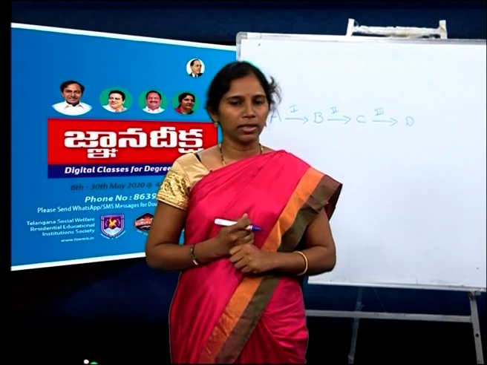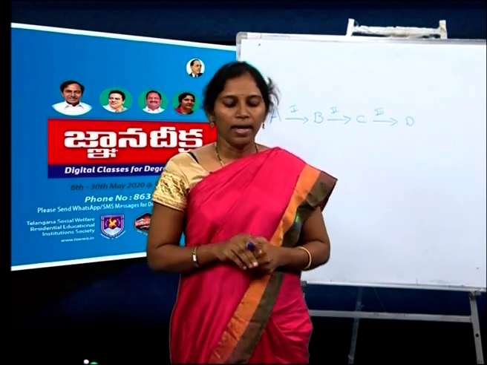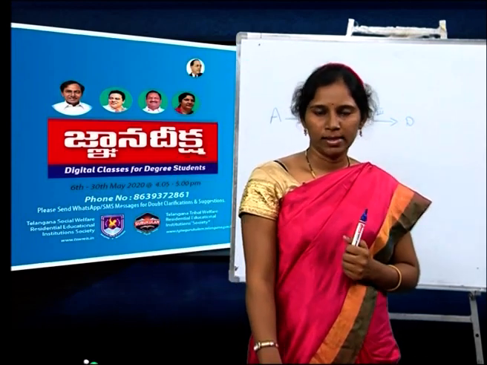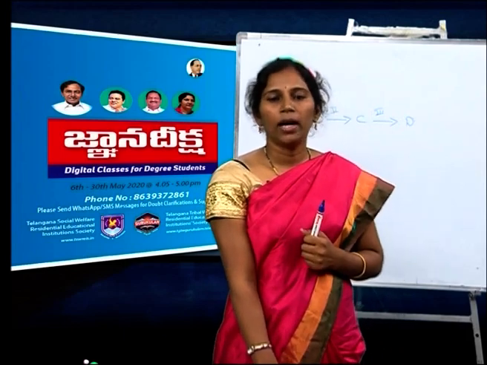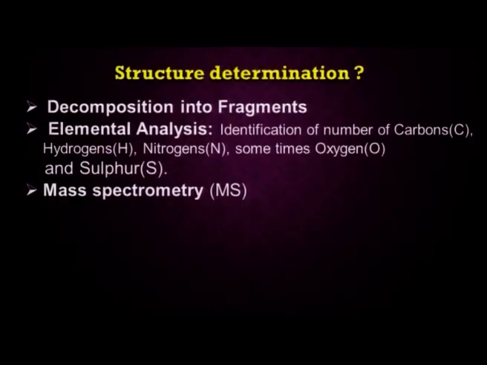How can we do structural determination then? Let us go back to the 1940s. The methods available at that time were very conventional. Those include decomposition into fragments, elemental analysis, and mass spectroscopy. The first method involves fragmentation of the complex molecule into small molecules, and those small molecules were compared with already known molecules, thereby they could predict the structure of the complex molecule.